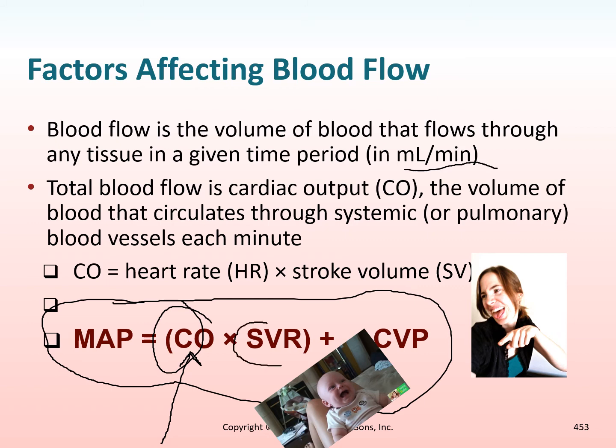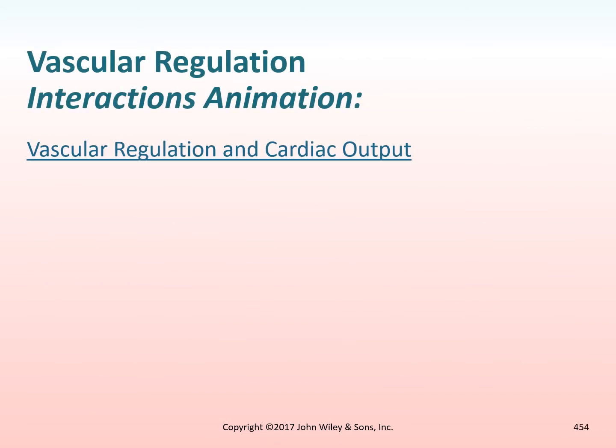If the systemic vascular resistance goes up, that makes the job much harder, and that makes the mean arterial pressure higher. So if your cardiac output is really good and your systemic vascular resistance is really low, your mean arterial pressure will be just fine. This central venous pressure is usually negligible. You can laugh at it. And if you click this link, you'll learn a lot more.